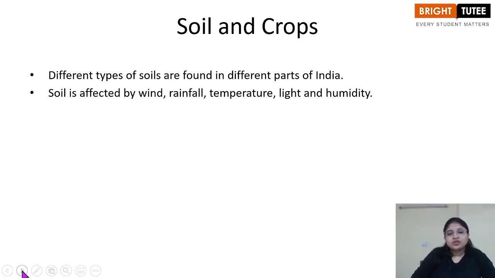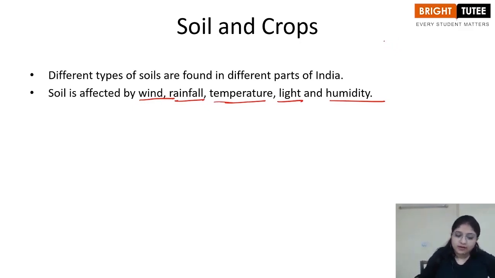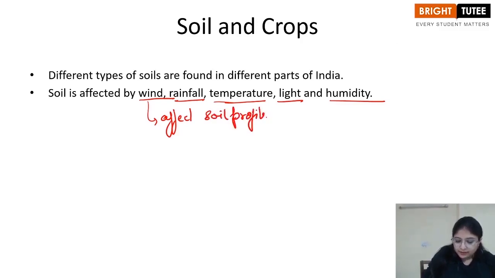Basically, the soil texture and the characteristics of the soil is affected by the wind, rainfall, temperature, light and humidity. All of these factors are responsible for the kind of soil or the texture and the characters of the soil, right? So what do they affect? All of these things affect the soil profile and soil structure, right?